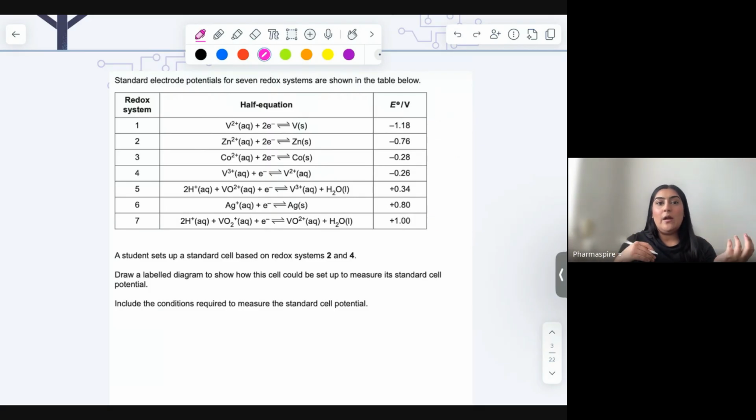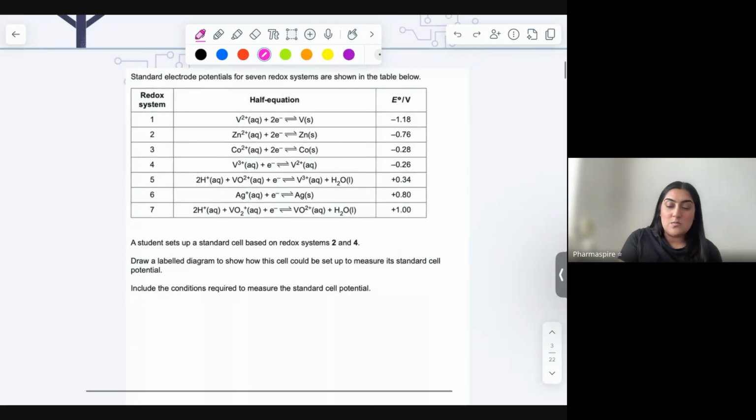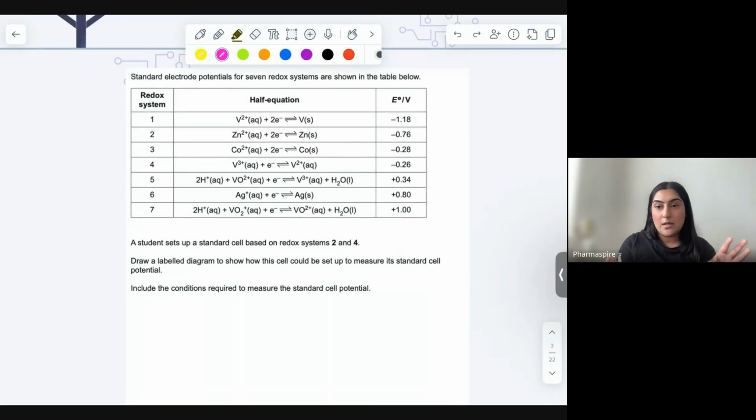So generally, anything that is oxidizing is on the left-hand side. That is also the same rule of thumb when you draw a picture. So they've told us we've got systems 2 and 3. I always take a highlighter in the exam, because you do silly things when you're under stress. It's just the best way. So we're dealing with 2 and 3. You've got to deal with the most negative one.